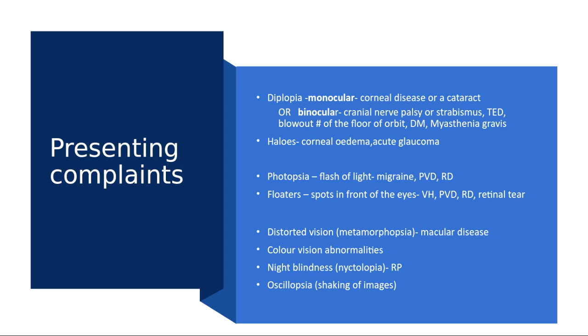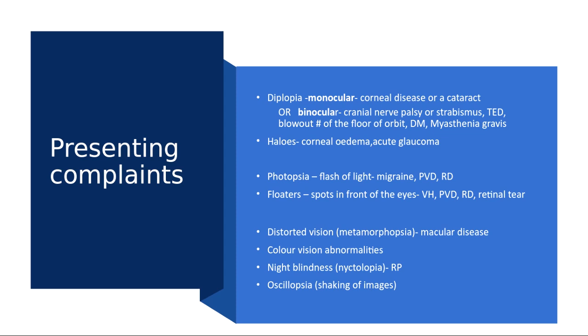The causes of monocular diplopia are corneal disease or a cataract, as opposed to binocular diplopia, which usually tells you that there's more than likely some sort of cranial nerve palsy or strabismus, such as thyroid eye disease, fractures of the floor of the orbit, diabetes, myasthenia gravis. So double vision is a frequent presenting complaint, but you also have to find out, is the diplopia present with one eye, or is it only present with both eyes open?